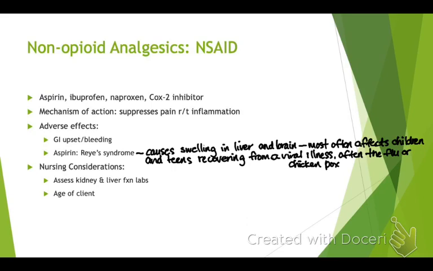The NSAIDs may cause GI upset, so you want to see if they have any type of GI disorders that may be exacerbated by the use of NSAIDs. And again, you want to assess the patients for any bleeding or ulcers that they might have prior to taking the NSAID.